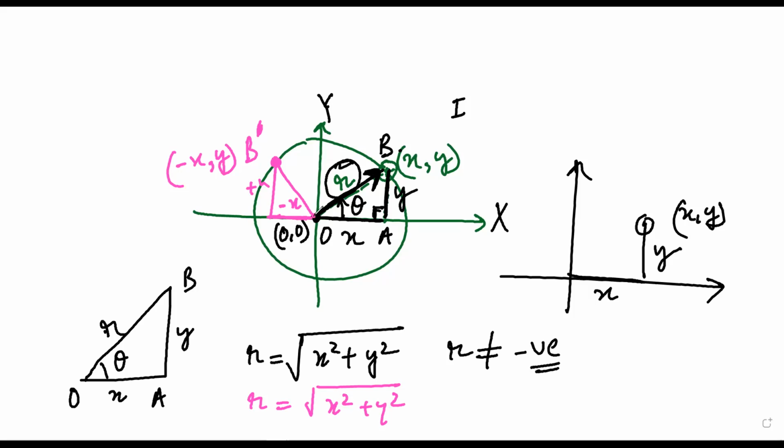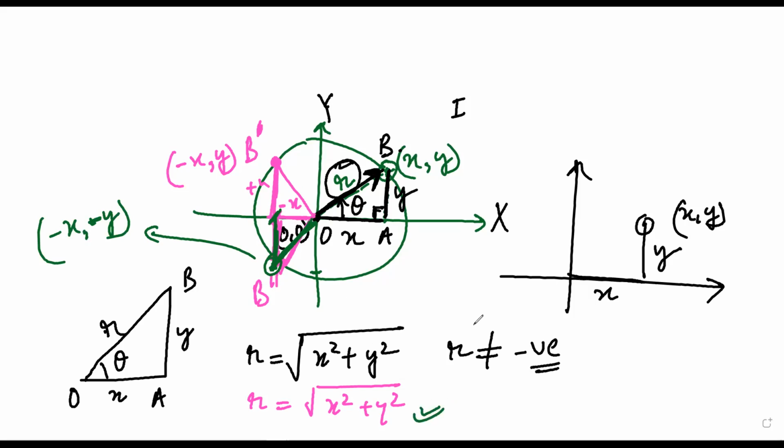Similarly, if my b comes here, this would be b double dash. My x is negative, and my y has also become negative. Do you see that? So this point b double dash is basically minus x comma minus y, but my radius remains positive.